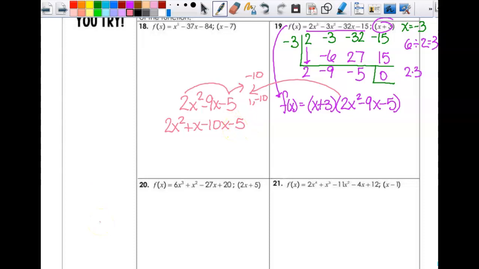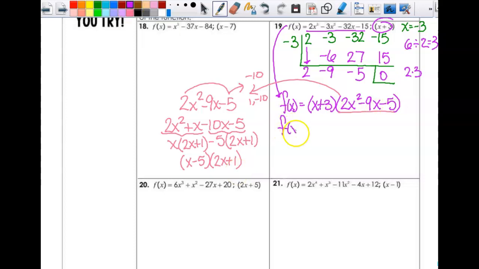Right? Then I'm going to group and group. So I get x times 2x plus 1, and then a negative 5 times 2x plus 1. So that leaves me with x minus 5 and 2x plus 1. And that's what I'm going to put in place of this right here.